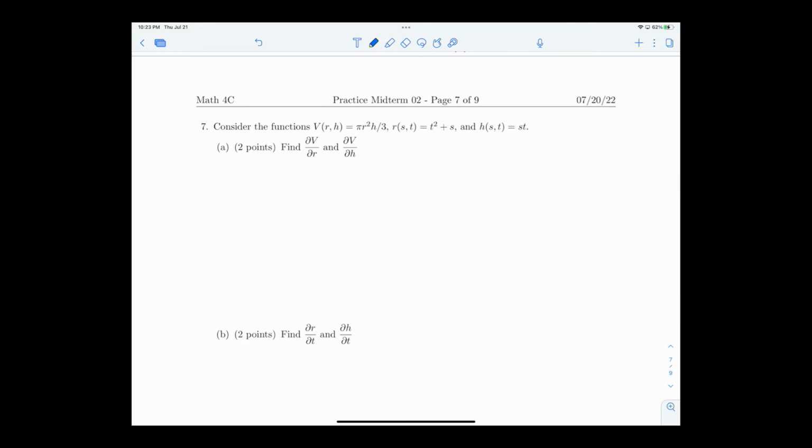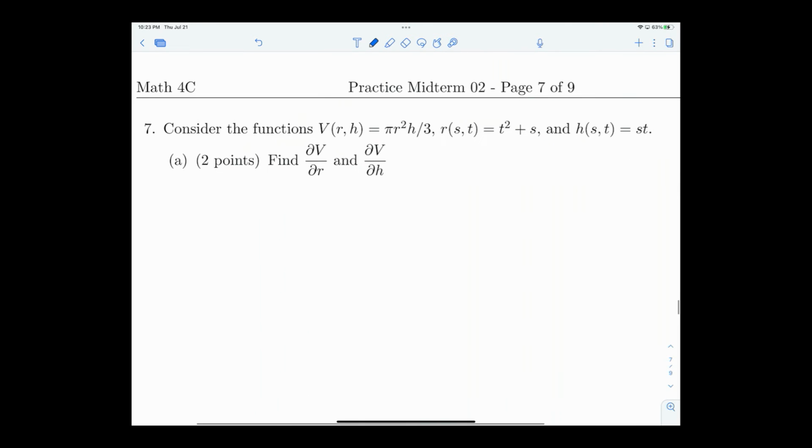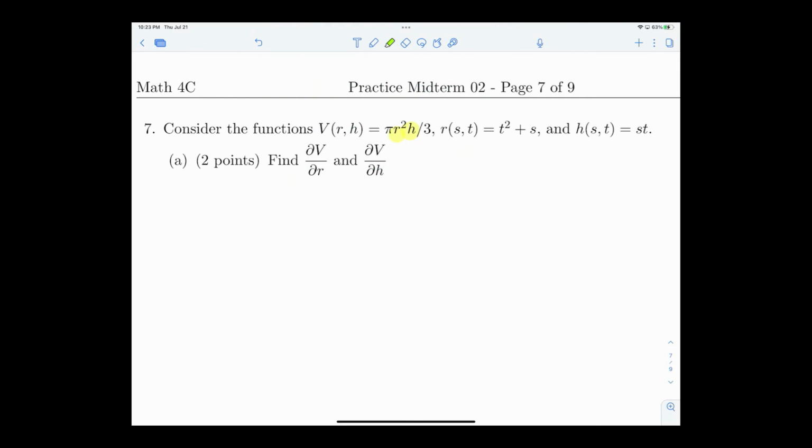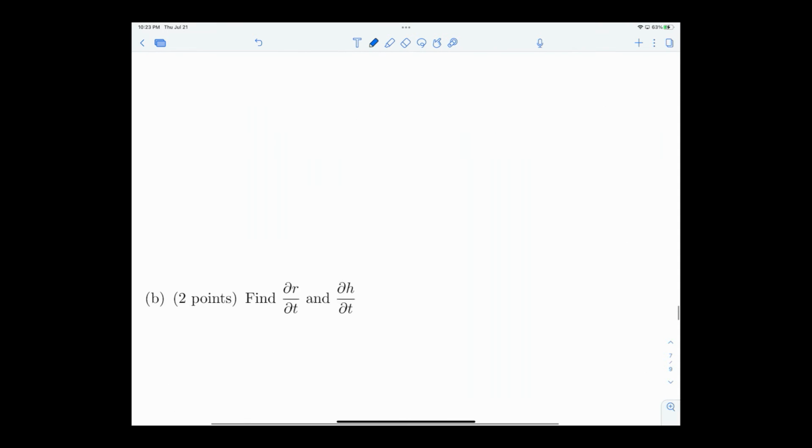So this is chain rule. Basically, if you look here, we have V has R's and H's, but then R has T's and S's, and H also has T's and S's. So it'll be important when we get down to the next step.